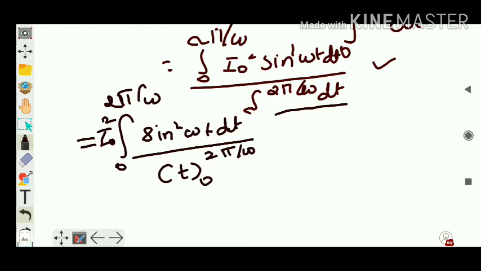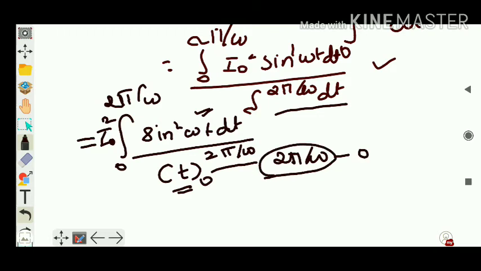Here I'm not integrating the numerator yet, I'm just doing the denominator. In the denominator, I substitute the upper limit minus the lower limit, which becomes 2 pi by omega minus 0. So the answer is just 2 pi by omega.